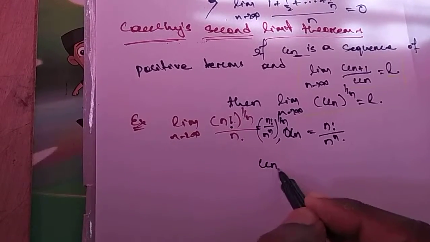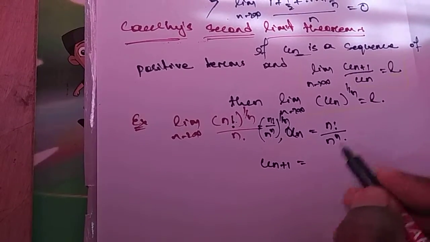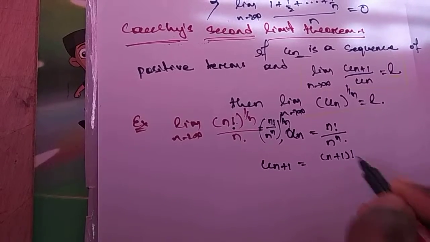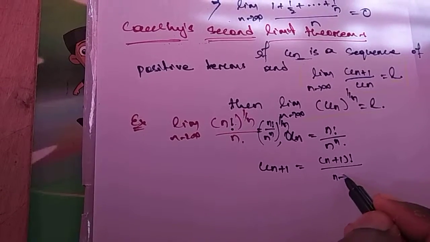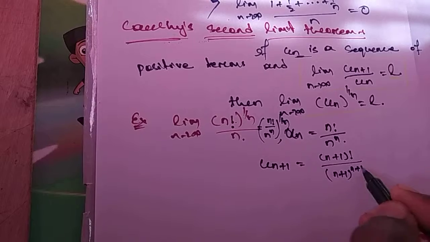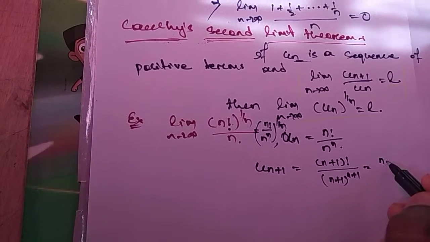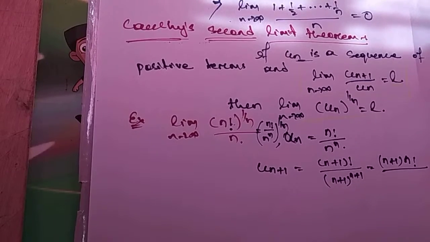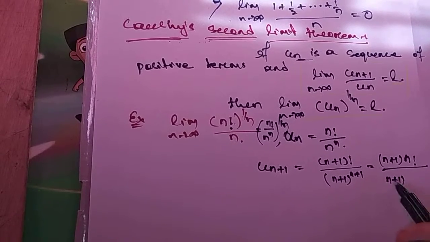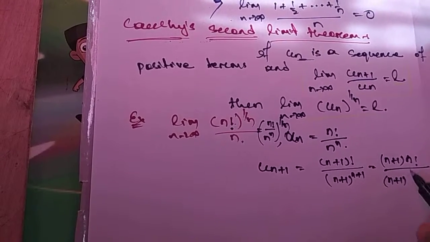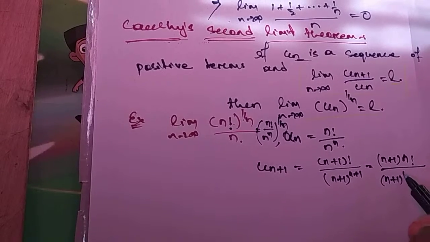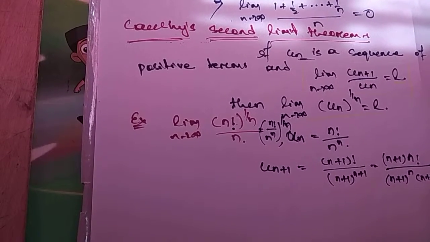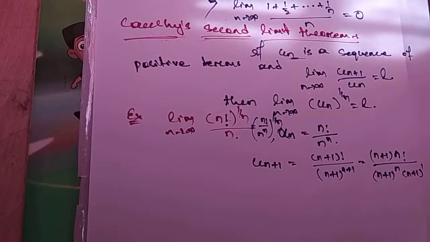Then un plus 1 will become (n plus 1) factorial divided by (n plus 1) to the power n plus 1. That means (n plus 1) into n factorial divided by (n plus 1) to the power n into (n plus 1) to the power 1.